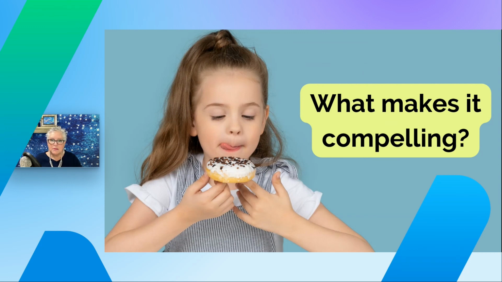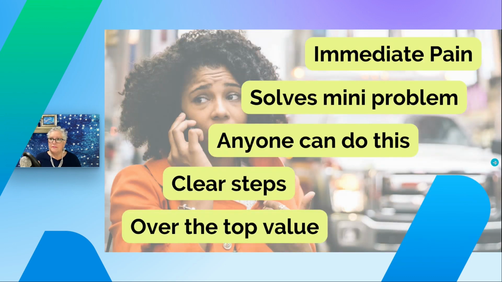And they put some sprinkles on the top. Do the sprinkles do anything, or the little chocolate nibs? Not really, but it makes it compelling. It makes it attractive. So, of course, that's the first thing: we want our lead magnet to be that over the top, compelling, attractive, can't wait to open it up.